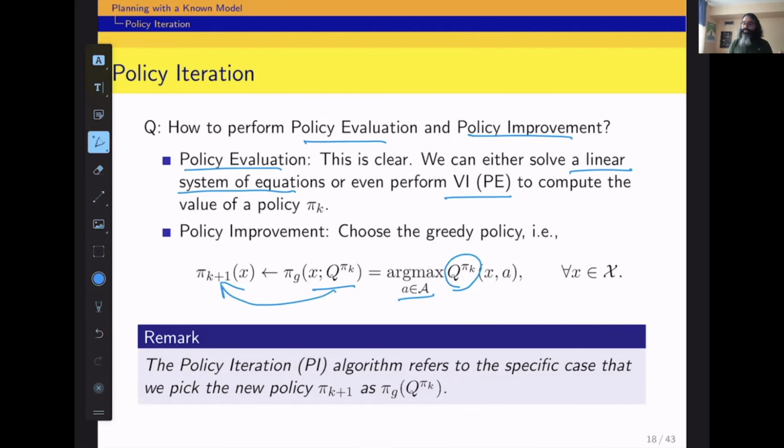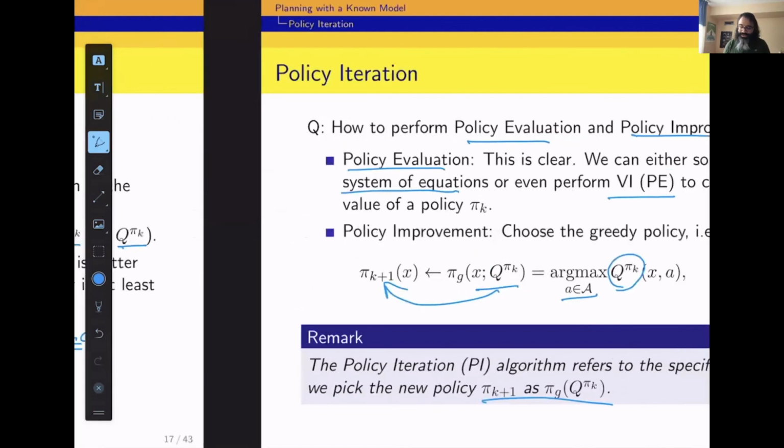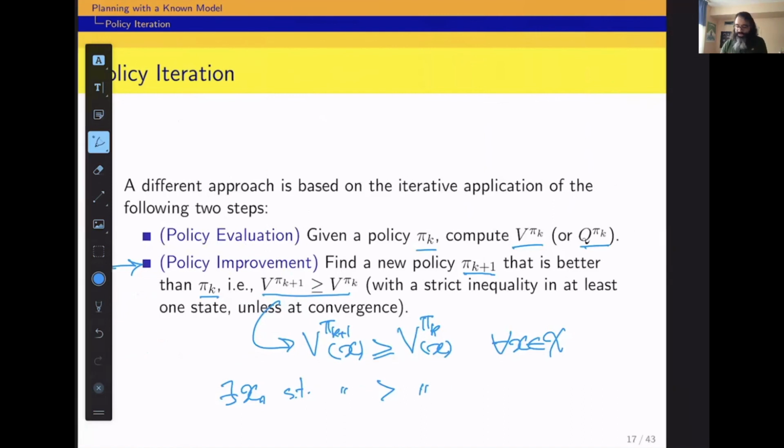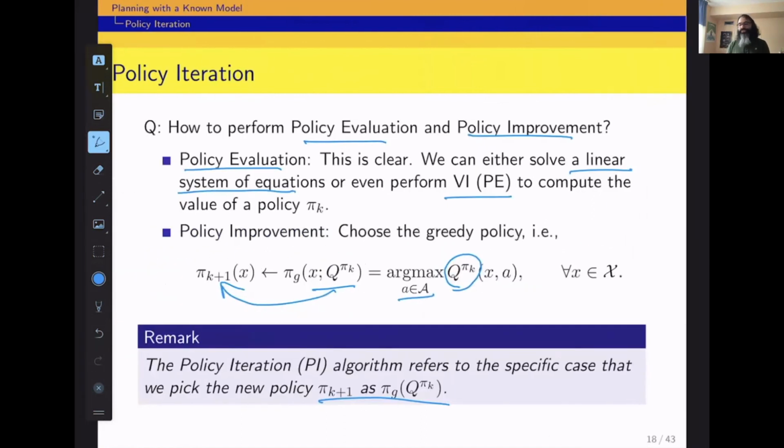I have this remark that the policy iteration algorithm refers to this specific choice of picking the greedy policy. The way I presented it in the previous slide is that we should just do policy improvement and find a policy that is somehow better, but policy iteration specifically refers to choosing a greedy policy.